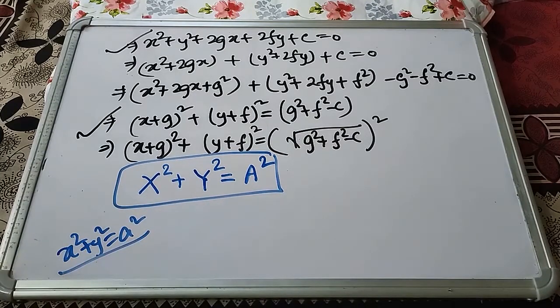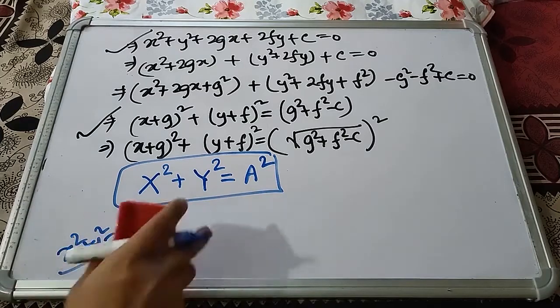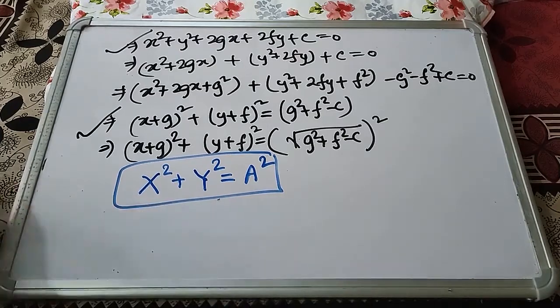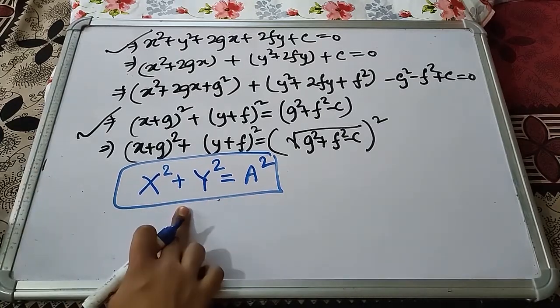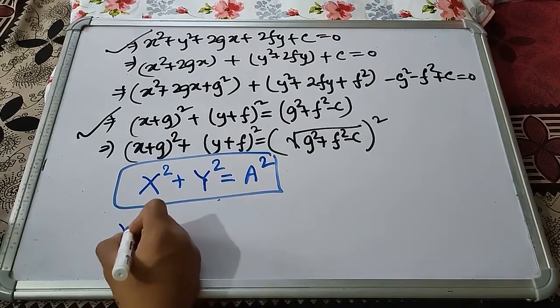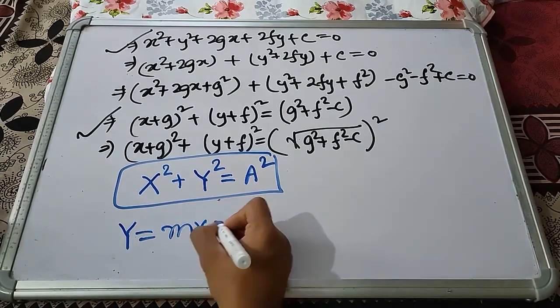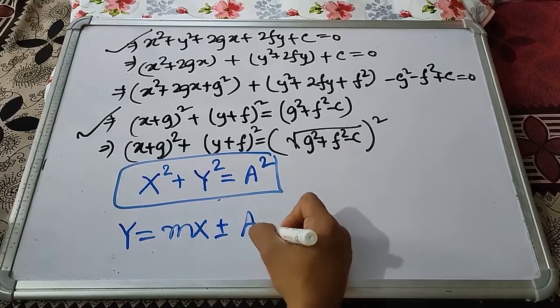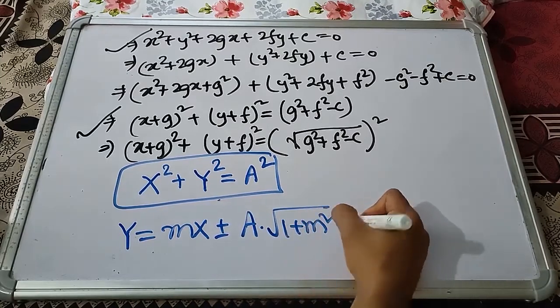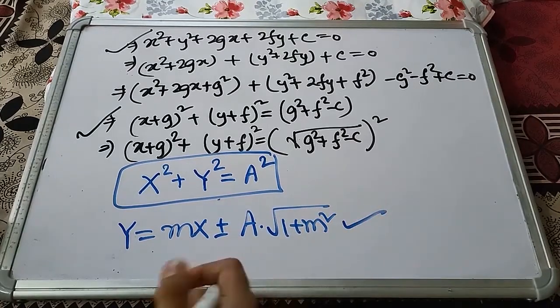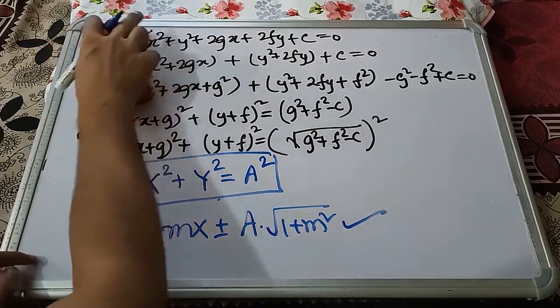So can we write the equation of a tangent for this type of equation, this blue one? Of course we can. Y equals mx plus minus a into root under 1 plus m square. We learnt it just now, and of course it is correct. I think you can get the idea that you have got the equation of the tangent you wanted.